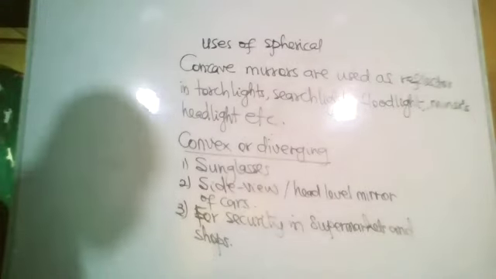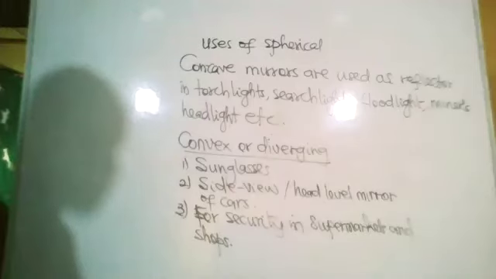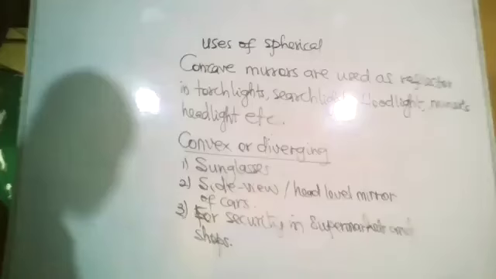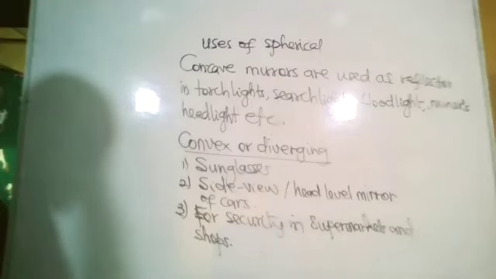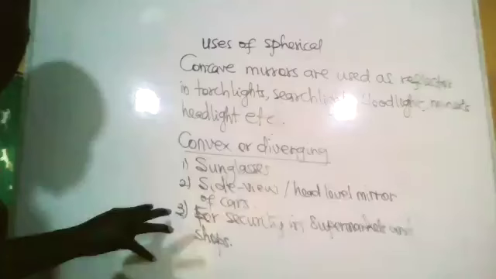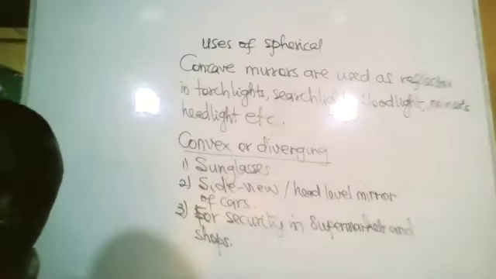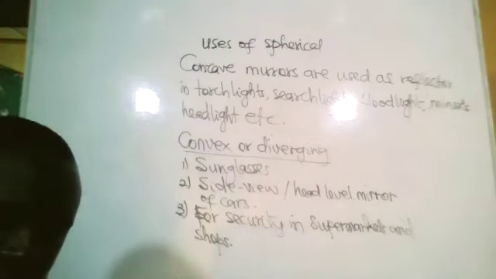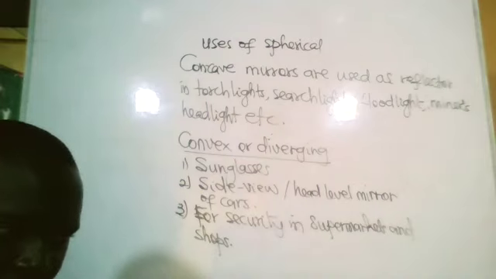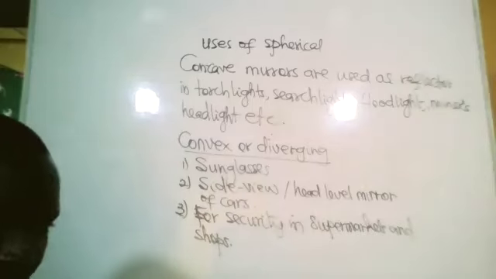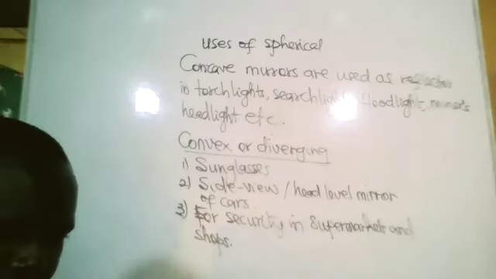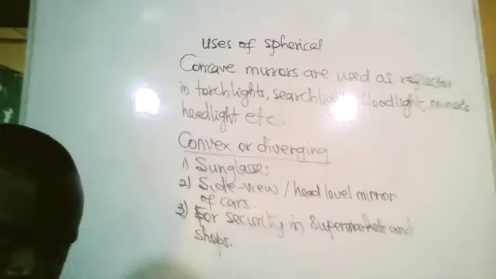Somebody was always employed, a security person, to be looking through the mirror so that those who could be smart in a shop could be caught. So before CCTV cameras, it was convex mirrors which were used for security. And there is a reason for the choice of convex, not concave.